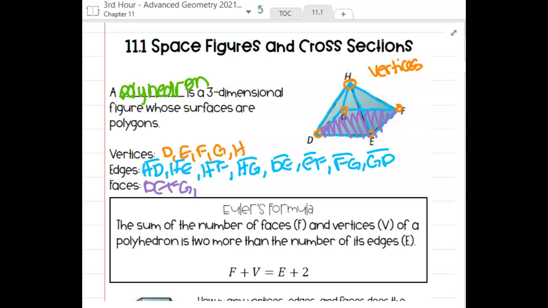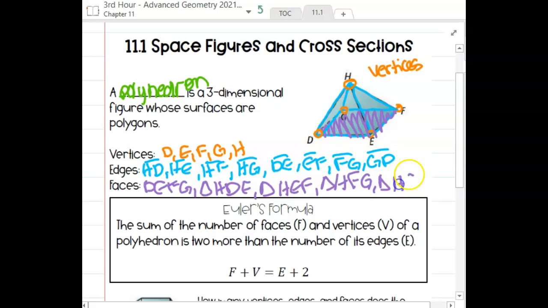What are all of these other faces? Triangles. So we would have triangle HDE, triangle HEF, triangle HFG, and triangle HGD.